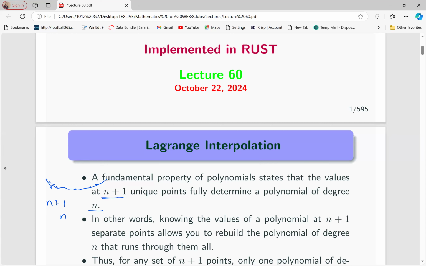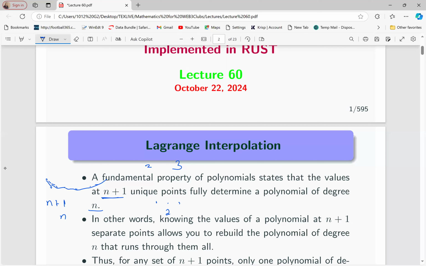In other words, if I have 3 points and I want to construct a polynomial that passes through all these points, the polynomial we can come up with has a maximum degree of 2. So if I have 3 points, the maximum degree is 2.